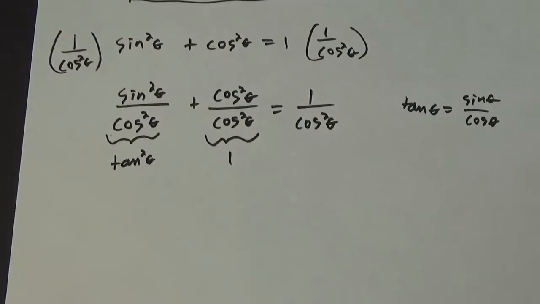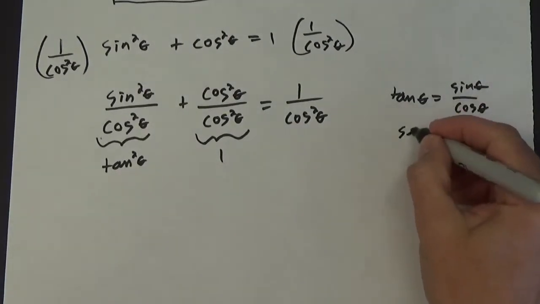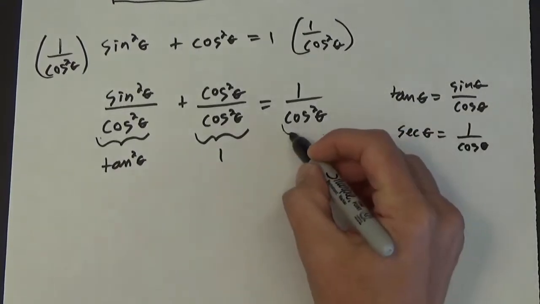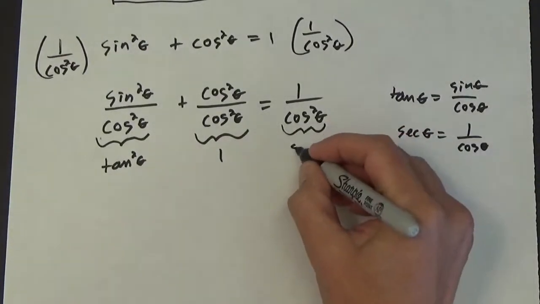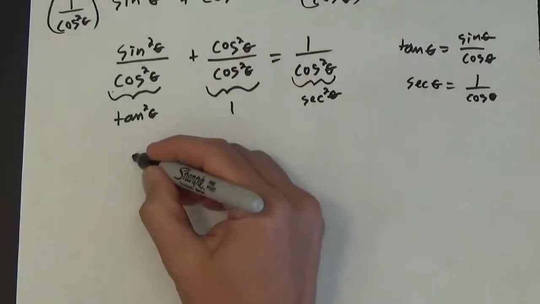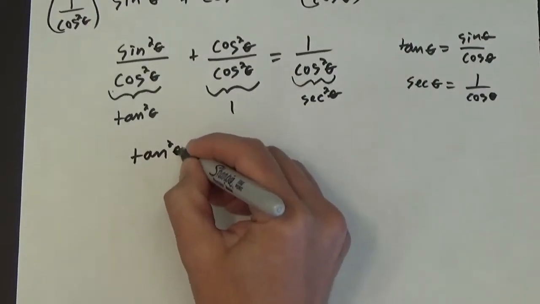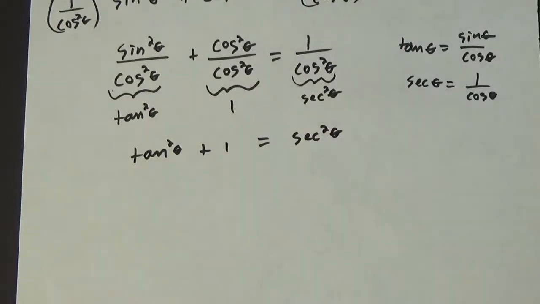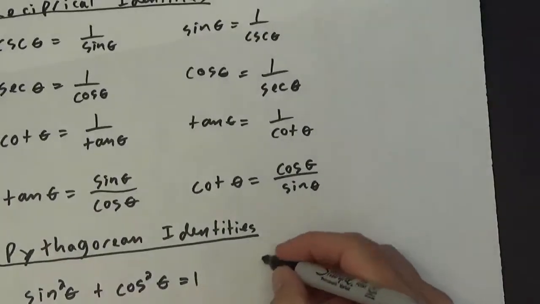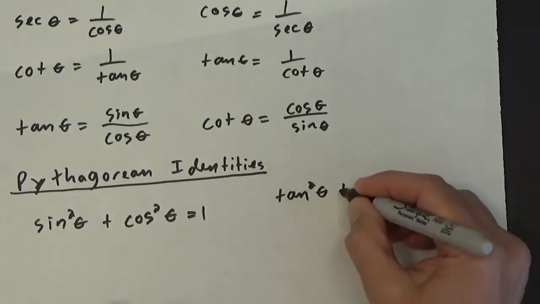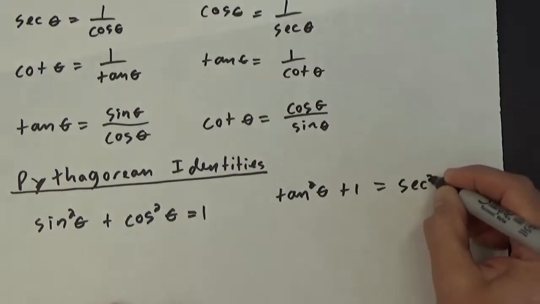So the secant of theta is 1 over the cosine of theta, and that's where this goes: the secant squared of theta. For this one, we end up with the tangent squared of theta plus 1 equals the secant squared of theta. And that is our next Pythagorean identity. I'm going to put it over here. The tangent squared of theta plus 1 equals the secant squared of theta.